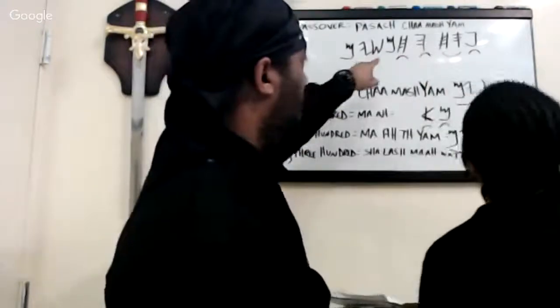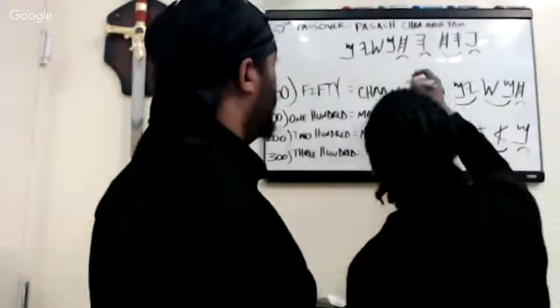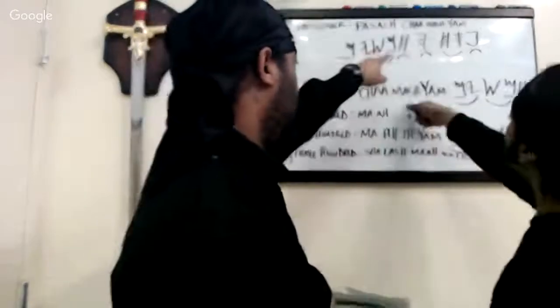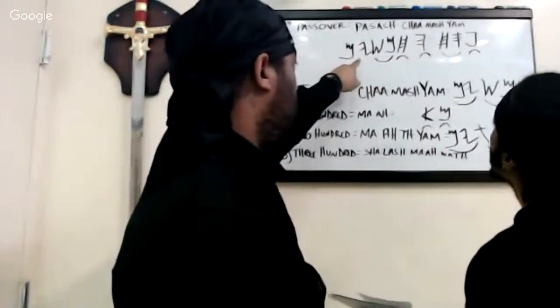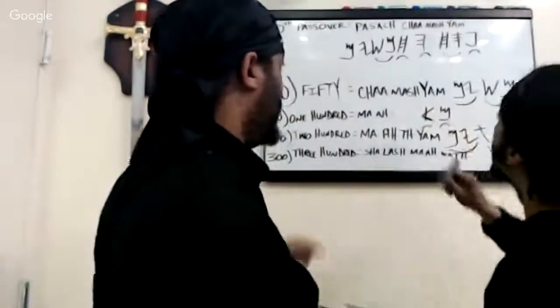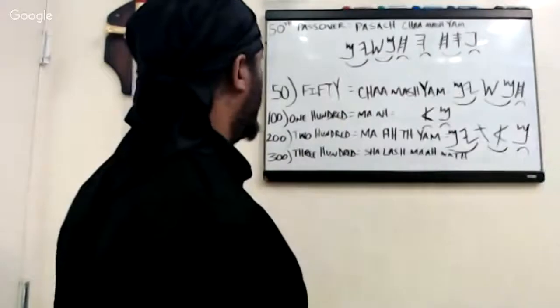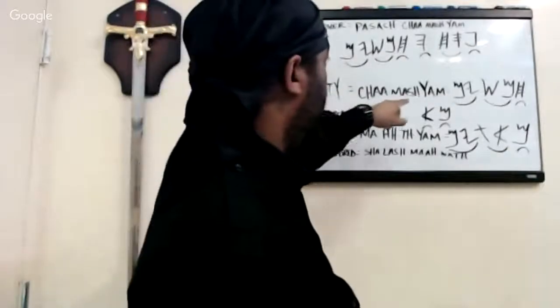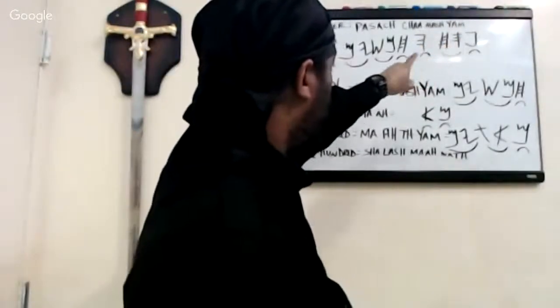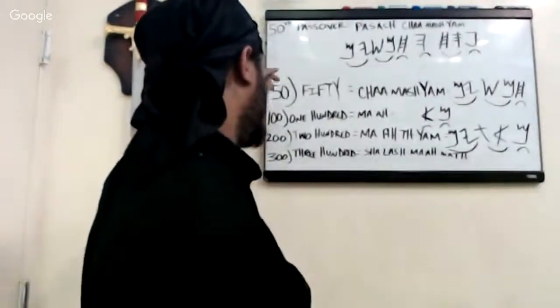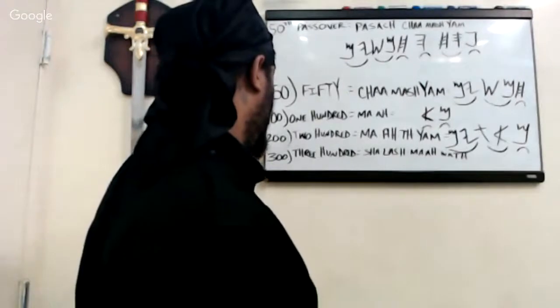And you connect a Ma and a Sha to get what word? Mash. And you connect a Ya and a Ma to get what word? Yum. Good. Okay, so the 50th Passover is Pesach HaChamash.